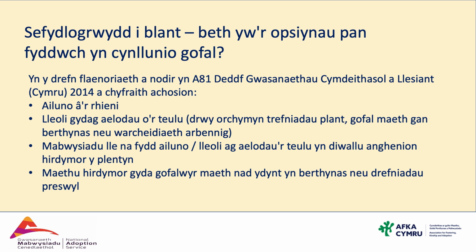If they can't be reunified with parents, then they should be placed, if at all possible, with family members. And that can be, as I say, through a child arrangements order, or the kinship carers being approved as foster carers if the child remains looked after, or under the terms of a special guardianship order. If those options are not available and are not going to meet the child's long-term needs, then adoption is an option.